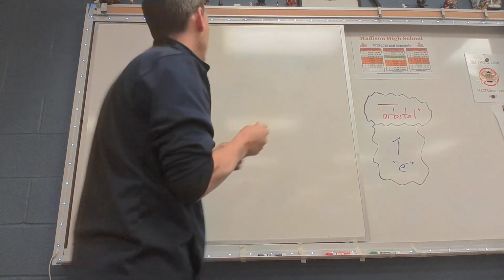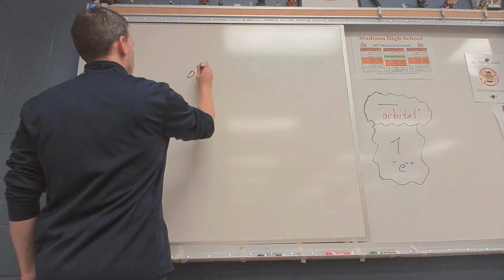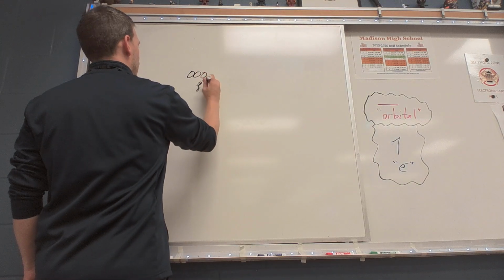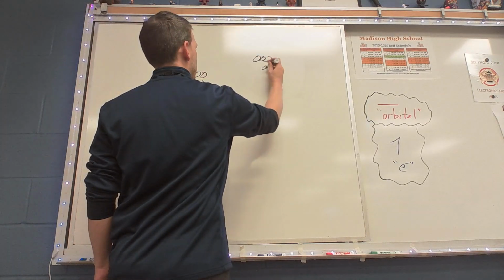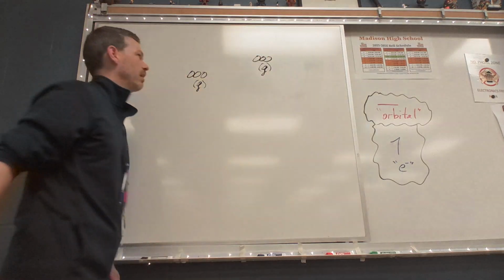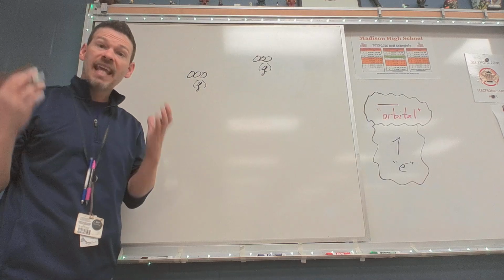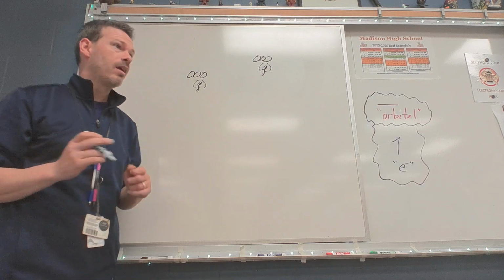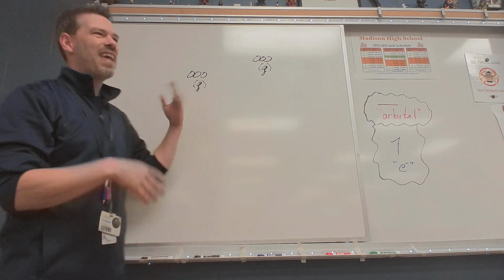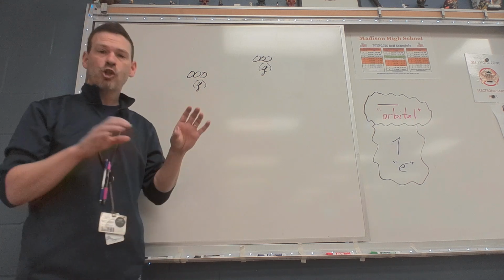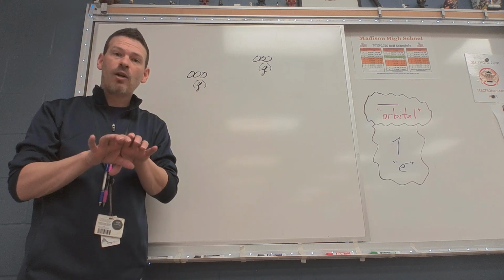For example, let's pretend that we've got this gas and this gas that can potentially react together. The problem is, since they're gases, they move wildly and they have trouble colliding at the right orientation.